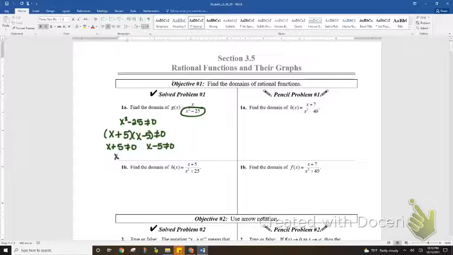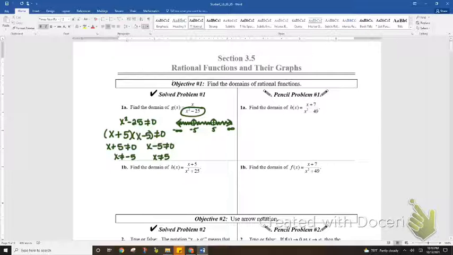And solve them both. The first one tells us that x cannot equal negative 5, and the second one tells us that x cannot equal positive 5. To write this in interval notation, I'm going to use the number line to help me. I've got my negative and positive infinity, and I need to put both of those numbers up there in numerical order, so negative 5 and positive 5. We know it cannot equal them, which means it can equal everything else.